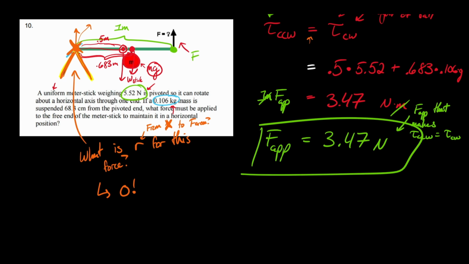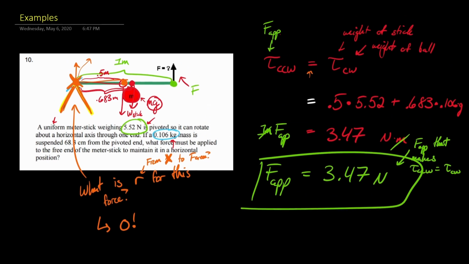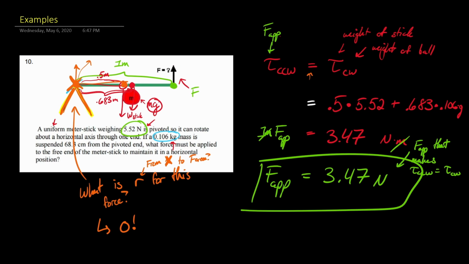There is 0 lever arm between the rotation center X and where the force is applied. Forces that are out here, far away from the X, have a lever arm of 0.5, 0.6. But a force that's directly on top of the rotation center doesn't contribute to the torque. So it doesn't matter if I had included it in here, the torque was 0 anyways. So I don't actually need to write that force in there. Excellent.